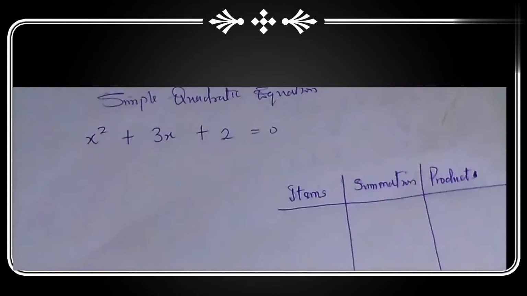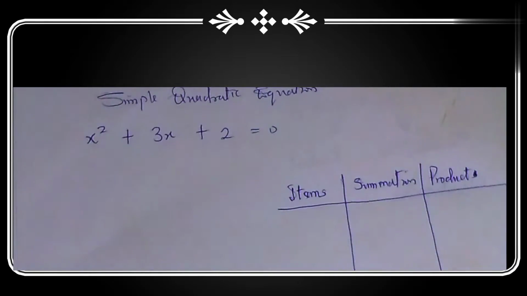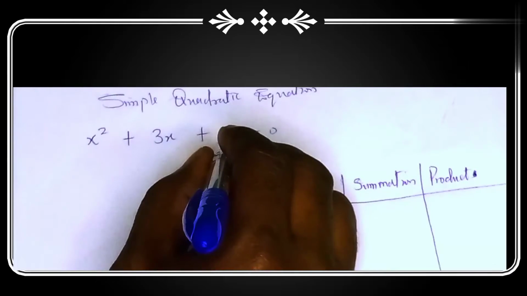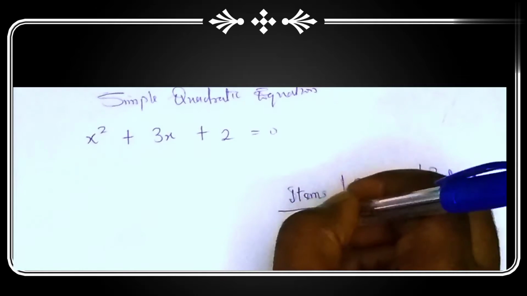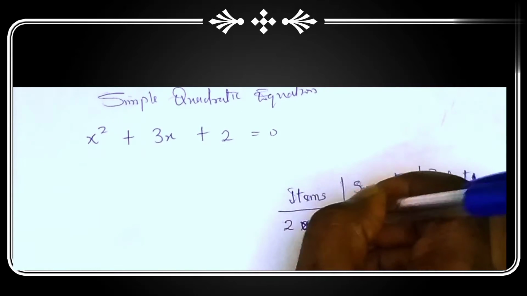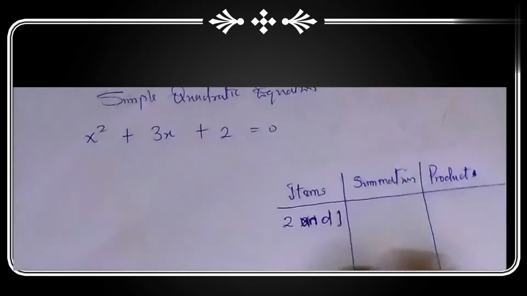Rule like that. Please don't mind my wobbly lines. Now, if we have 2 and 1, because these are the items we need. The items here now are 2 and 1.